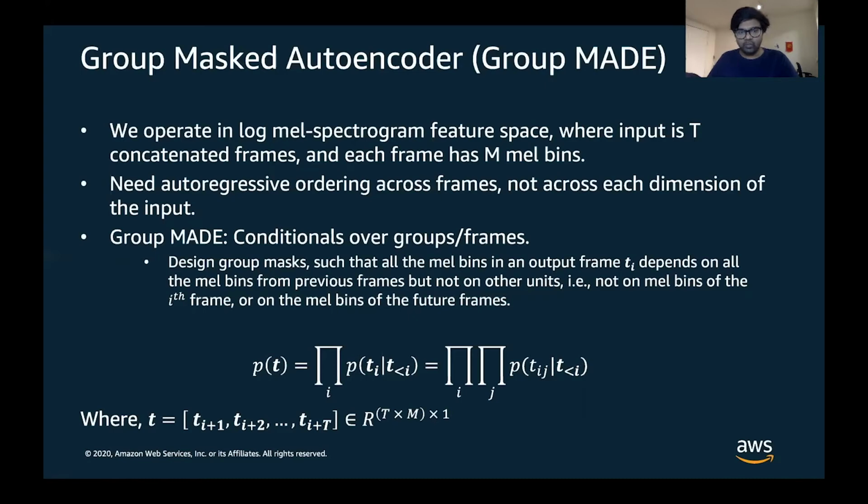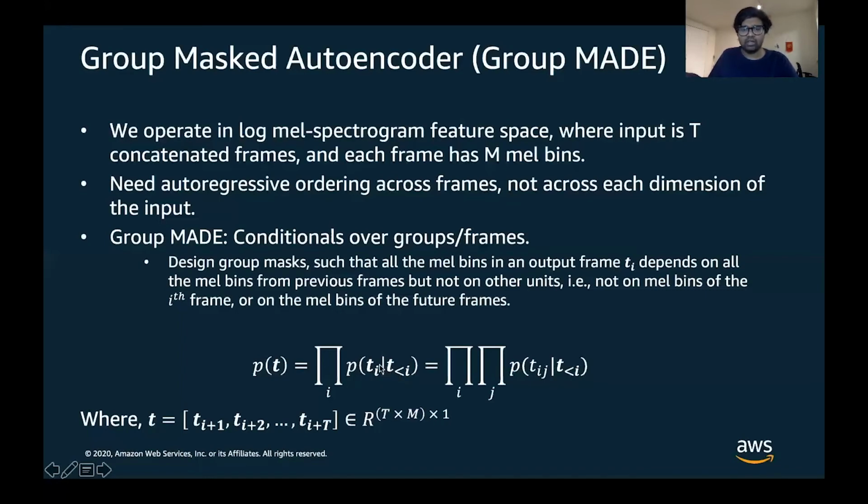The group mask makes sure that when you are decomposing this joint distribution, it's a frame-level decomposition. If you look at this equation here, the joint distribution is decomposed as the ith frame conditioned on all the frames that have come before.